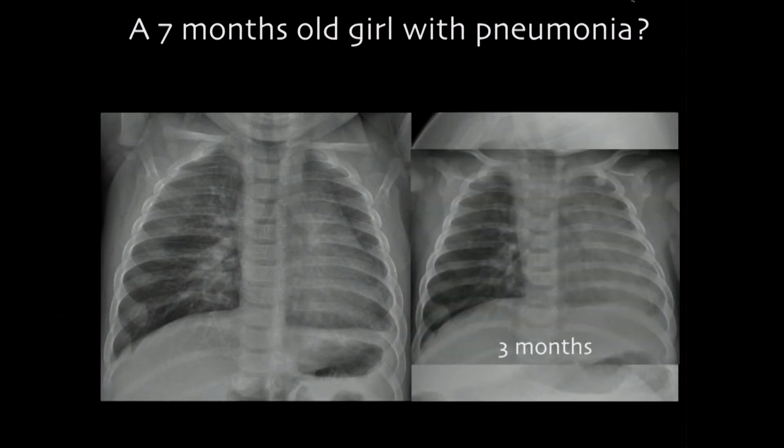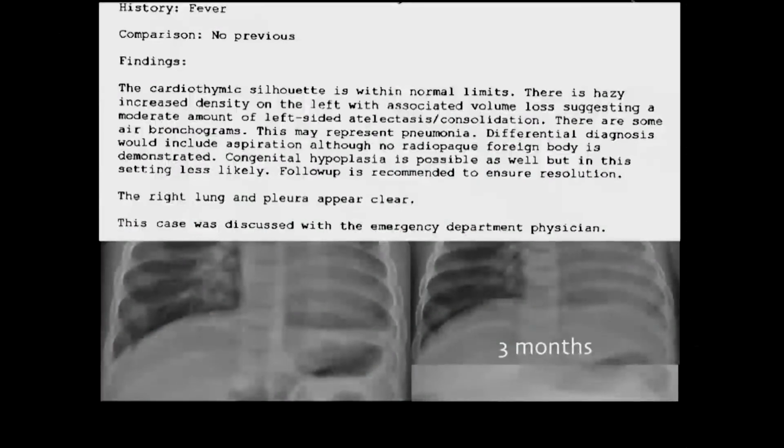So this is the 3-month follow-up. You have a further decrease in left lung volume, and this is the reading from outside, which means that this may represent pneumonia, but the differential diagnosis would include aspiration or other congenital lesions. But however, if you know the disease entity, you have the diagnosis.